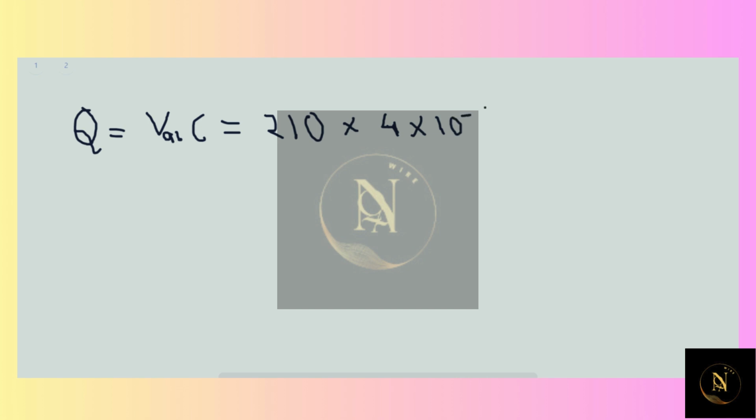So 210 times 4 times 10 raised to negative 6, and this value comes out to be around 8.4 times 10 raised to negative 4 coulomb. So this is the net charge across A and B.